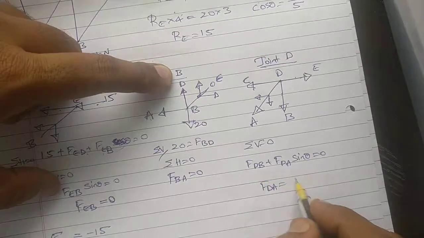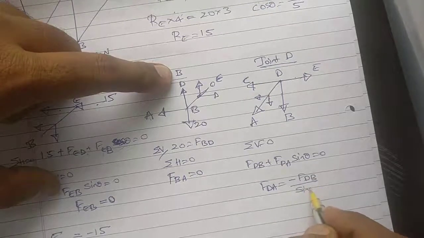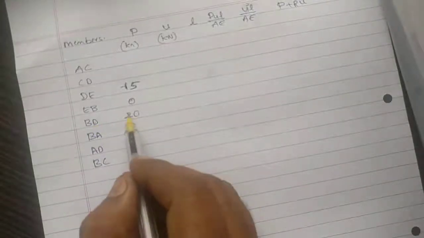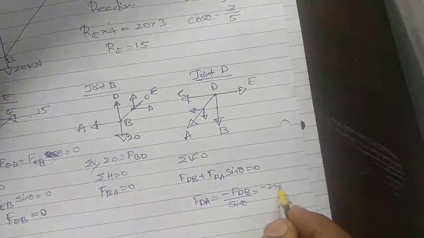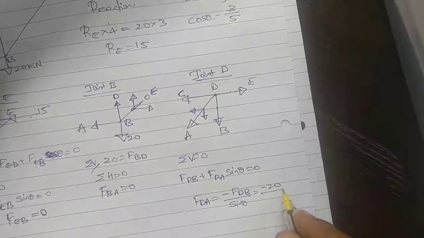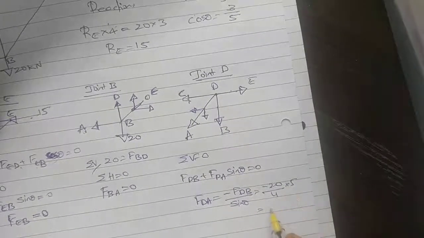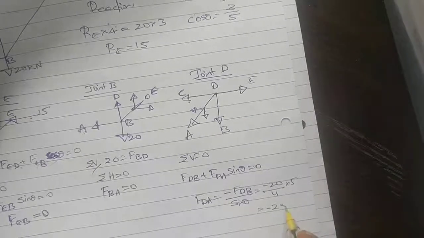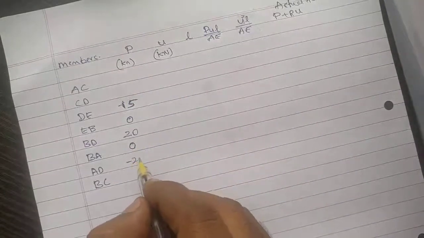FDA is equal to minus FDB by sin theta. FDB is equal to 20, minus 20 by sin theta, which is 4 by 5. 4 into 5, 100 by 4 is equal to minus 25. Minus 25.